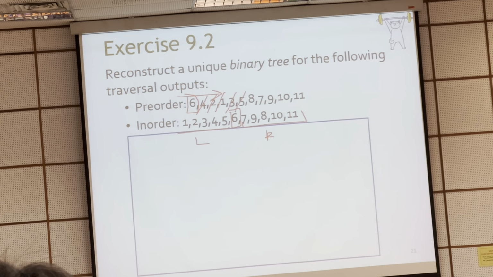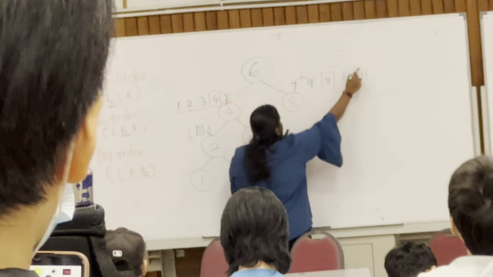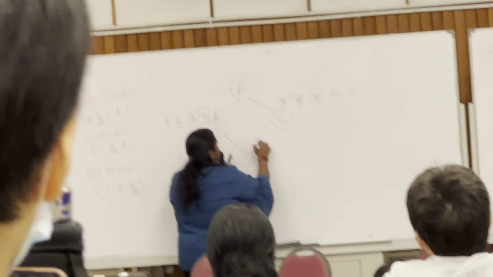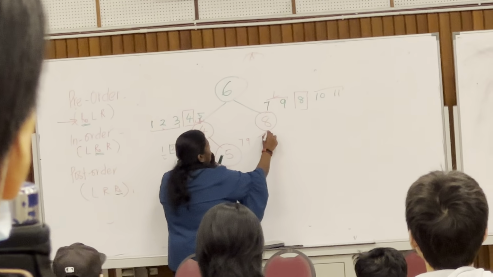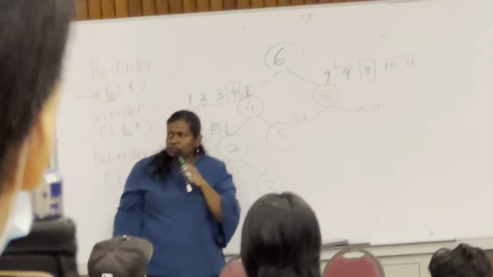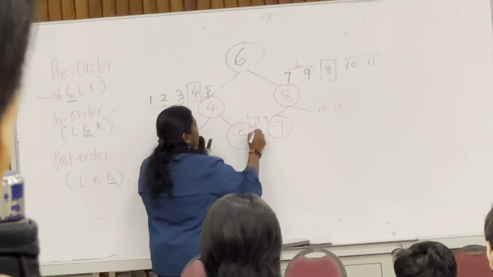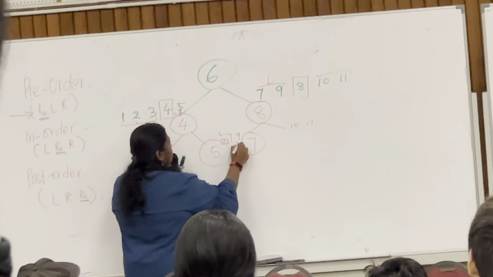So we have finished 4, 2, 1, 3, and 5. Next number we have is 8. Let's go and check. Where is 8? 8 is on the right. This is 8, with 7 and 9 on the left and 10 and 11 on the right. The next number is 7. 7 is here. There's nothing on the left but there's one number on the right.